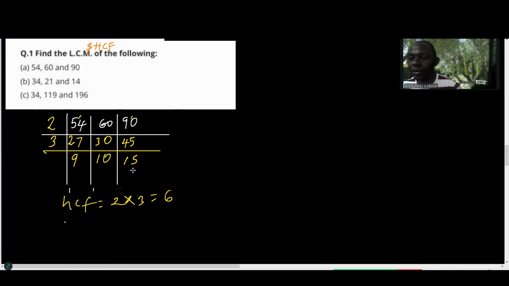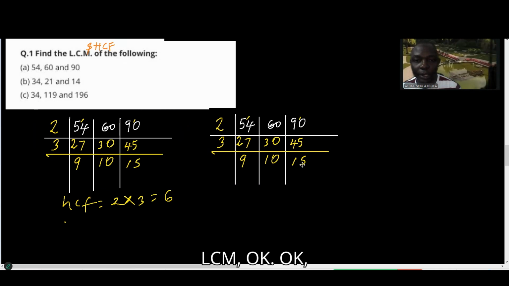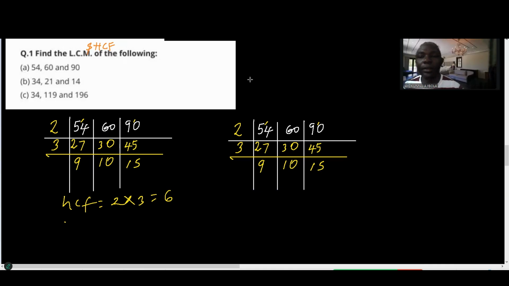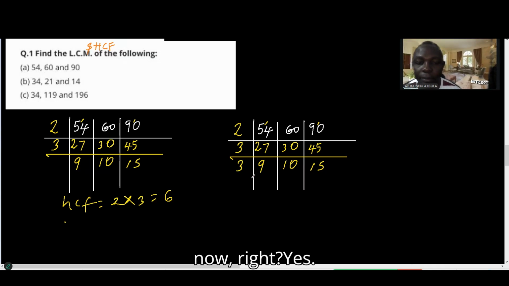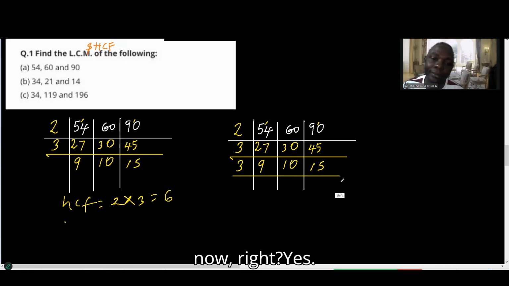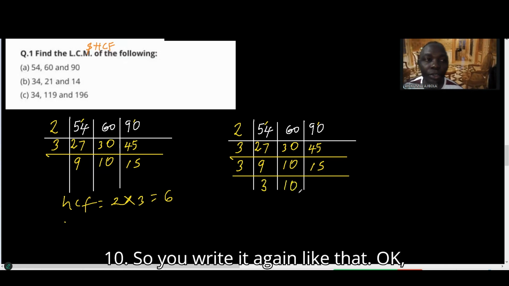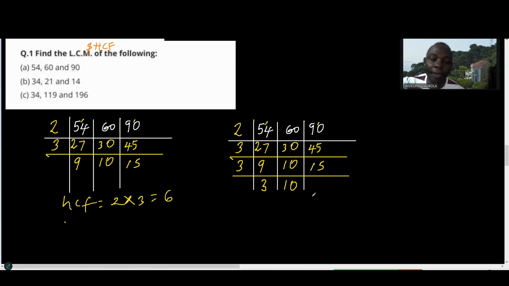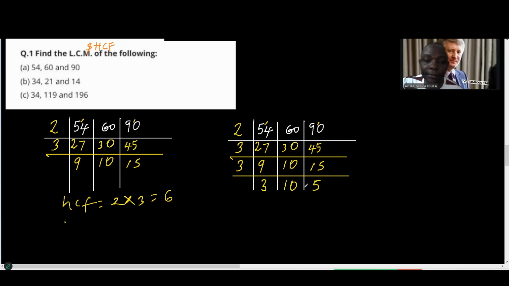Let me now continue from this place for LCM, okay? I copied it, right? What number can we use? We can use 3 now, right? Yes. 3 will divide 9. It will not divide 10. So you write it again like that. Then it will divide 15, right?